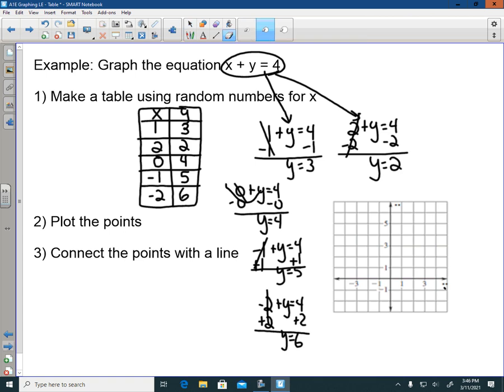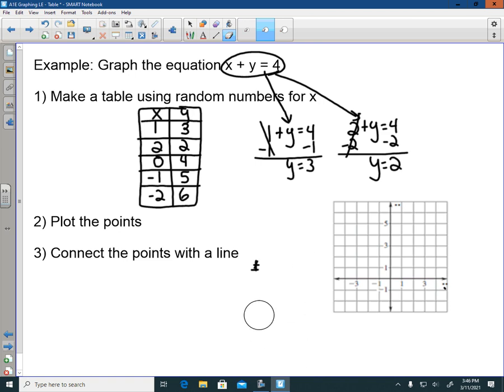Let's get rid of a little bit of this so we don't have such a mess. There we go. So that's how you create a table. You just pick a random value of x. I suggest some positive numbers, some negative numbers, and 0, because that gives you all different types of outputs. Plug that into the equation for x, solve it for y, and you're good.